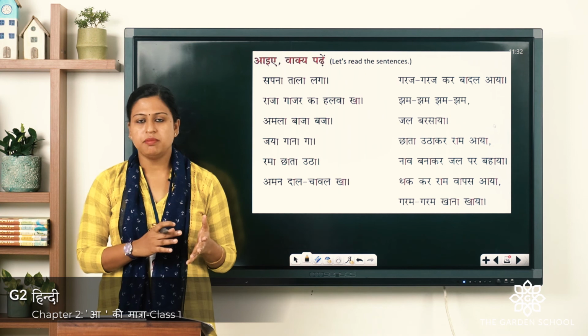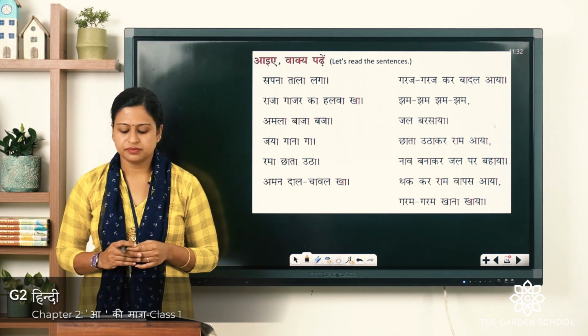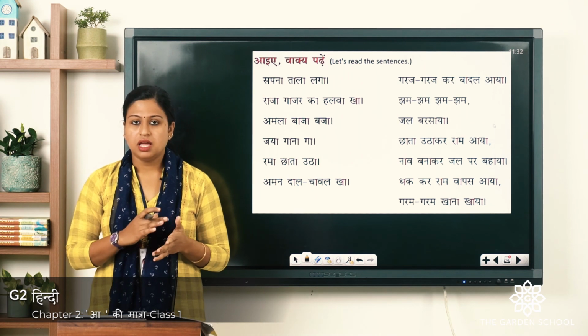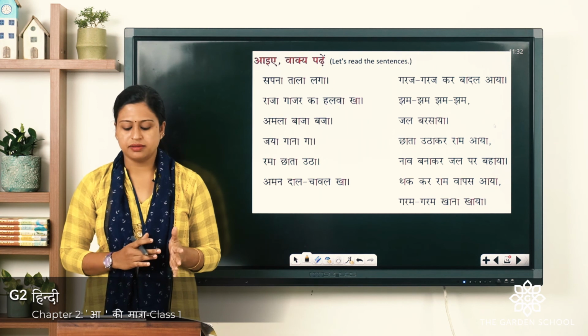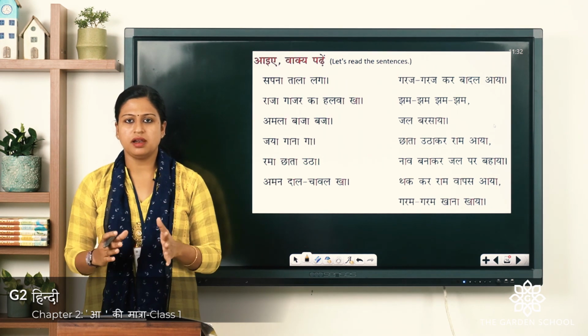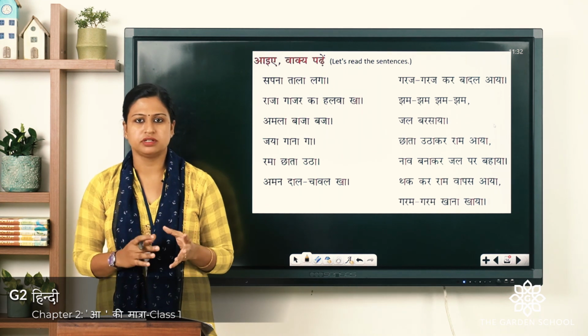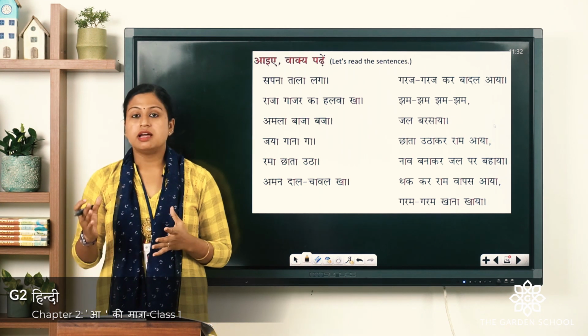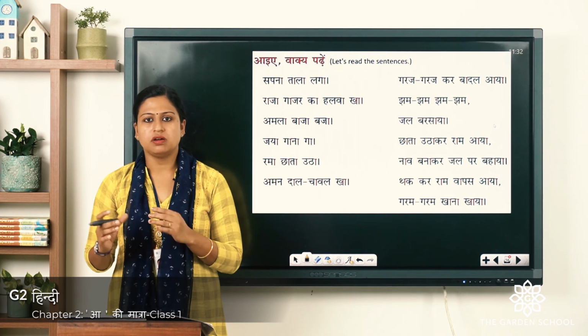So he made a boat and set it on water. Next line. Thak kar Ram vaapas aaya. Garam garam khaana khaayaa. Garam garam means hot hot. Khaana, food. Khaayaa, to eat. So Ram came back tired and ate hot food.